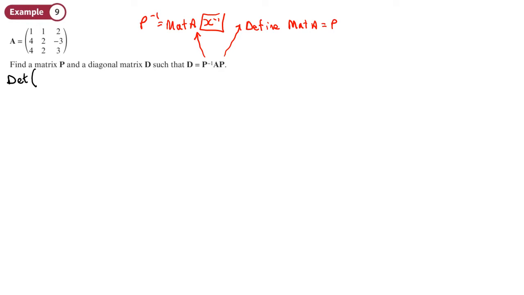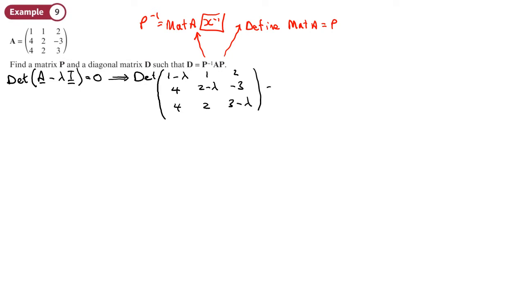So the eigenvalues are going to be found when we solve this characteristic equation. So that will be the determinant of this matrix: 1 minus lambda, 1, 2, 4, 2 minus lambda, negative 3, 4, 2, 3 minus lambda, all equal to 0. So let's write down what that's going to be.